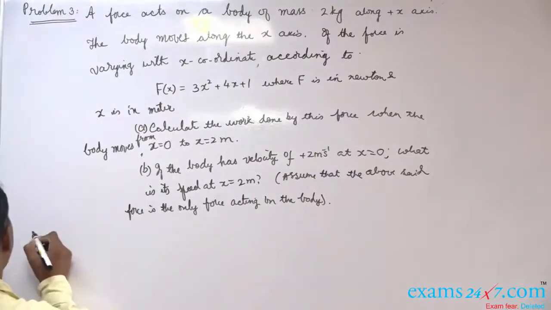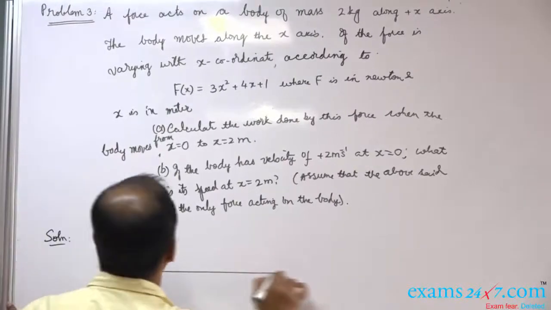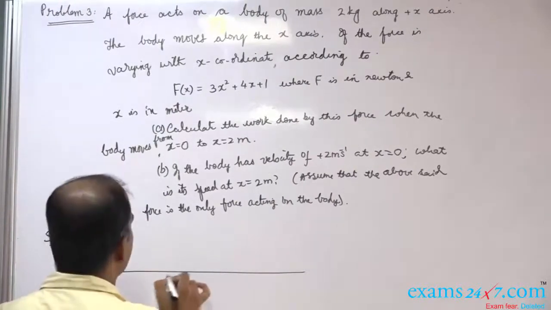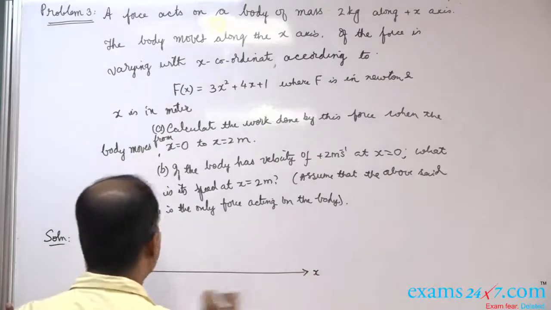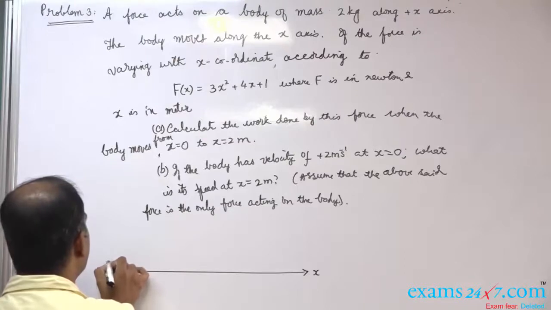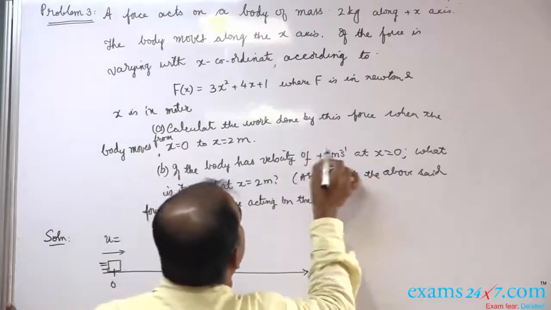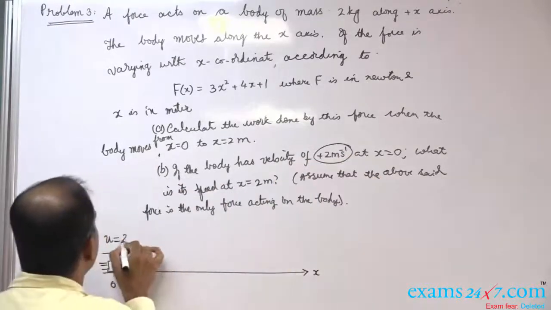So let us now understand what is given in the question. You have this as the positive x-axis, this is the origin, and now the body starts from here moving with initial velocity at x equals 0. It is stated to be moving at 2 meter per second.